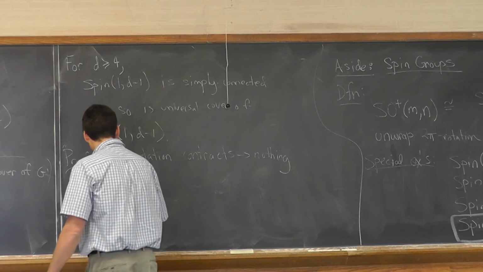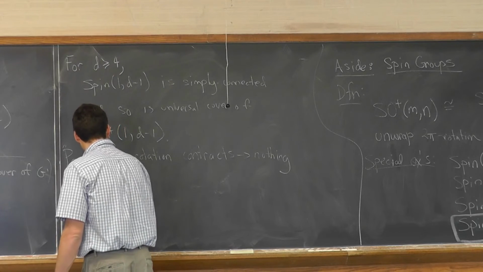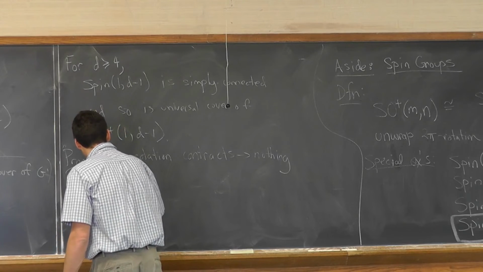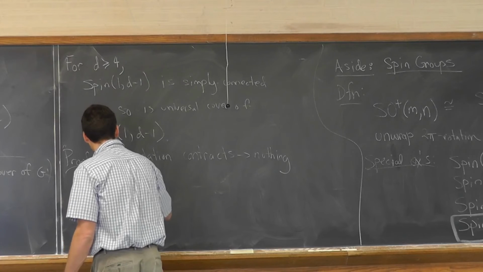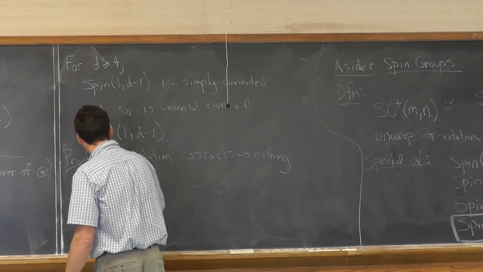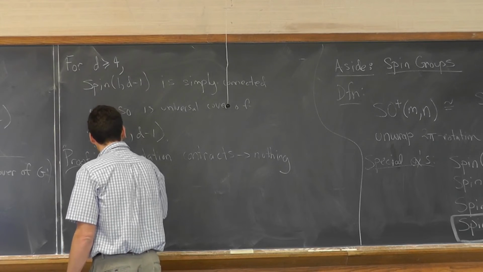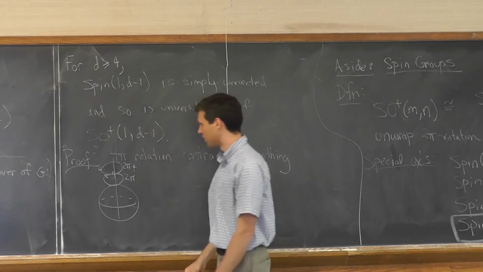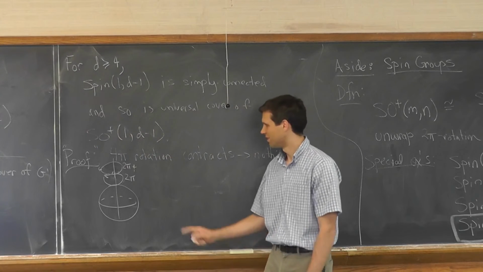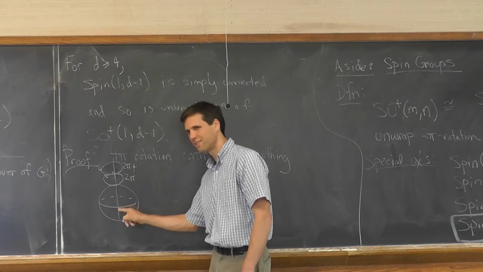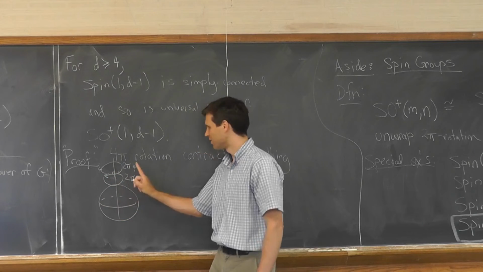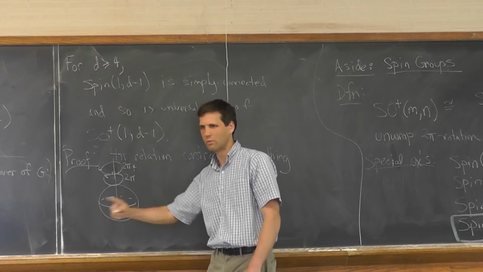Here's how you do it. You can view it as rotating by 2 pi plus 2 pi. This is the object, this is the axis of rotation. So you rotate it once, and then you rotate it again.